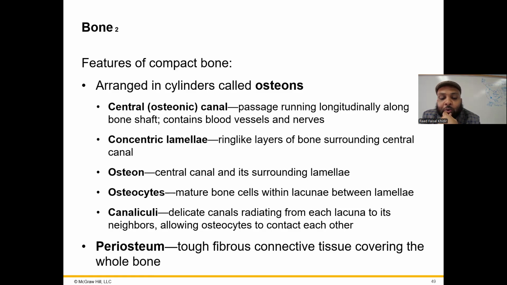Osteocytes are mature bone cells within the lacunae between the lamellae, and the canaliculi are delicate canals, from the name canaliculi, radiating from each lacuna to its neighbors, allowing the osteocytes to connect to each other. The periosteum is a tough, fibrous connective tissue covering the whole bone.